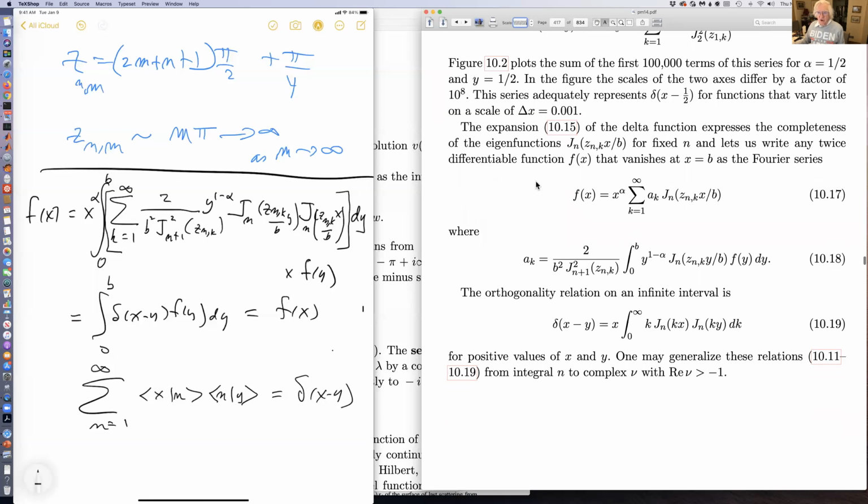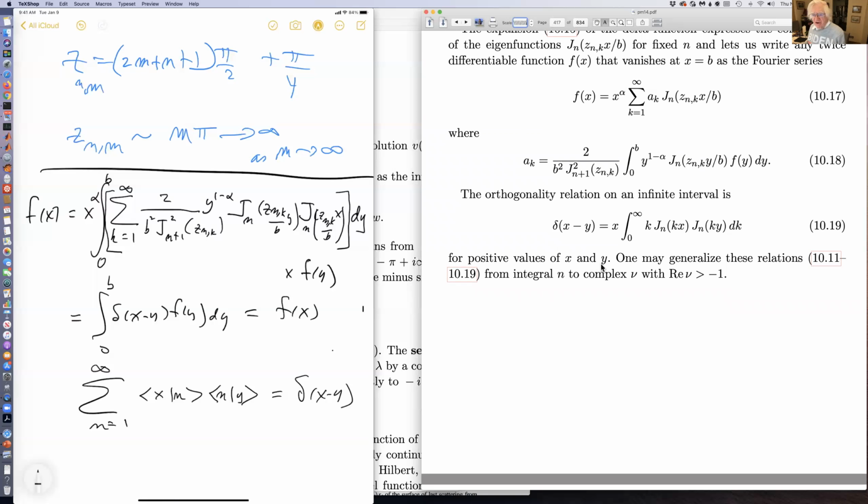Now we were talking about non-singular self-adjoint systems, so we have a finite interval, and that's the way we normally talk about the Bessel function. But there's an analogous expression for an infinite integral. And for an infinite integral, we have something like this. Delta of x minus y is x times the integral of k J_n of kx, J_n of ky dk.